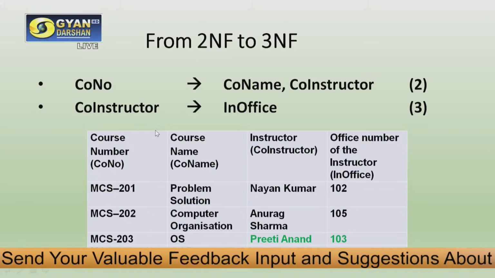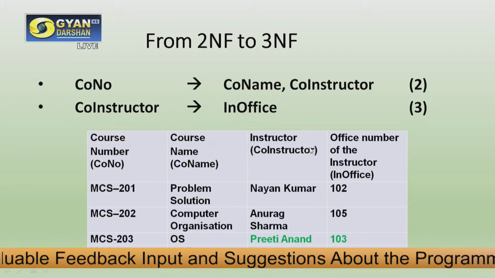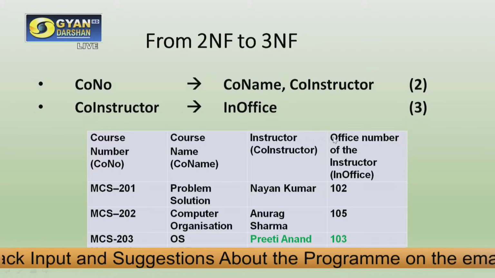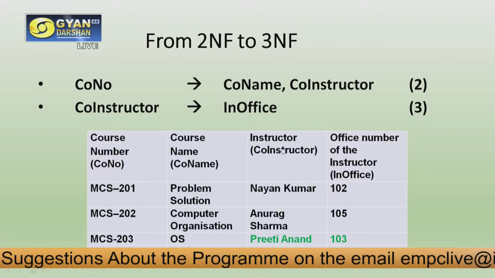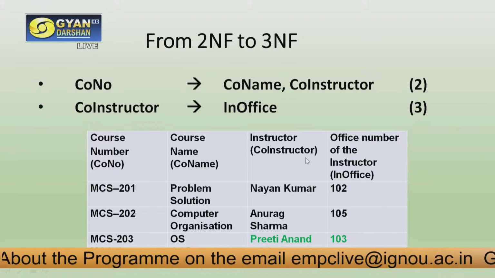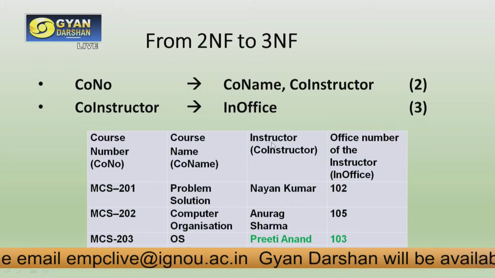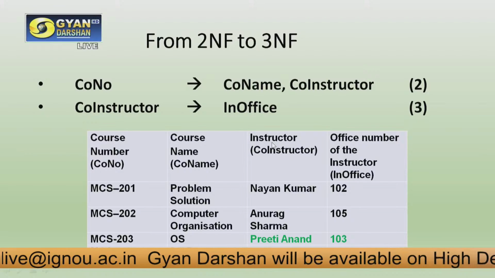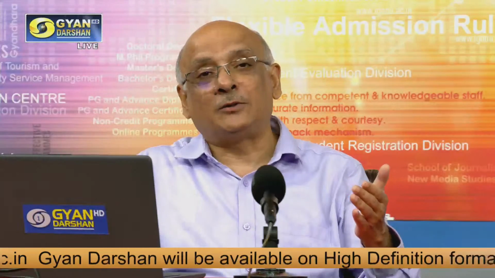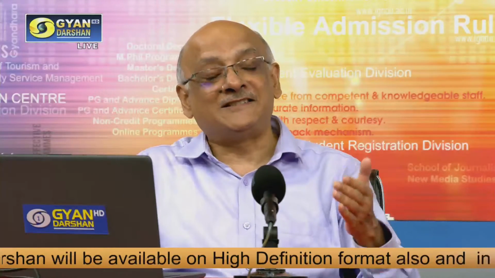So that means even though we have broken this particular table into 2NF, it is already in 2NF, yet this table has redundancy. And whenever the redundancy is there, because of redundancy, you encounter the update anomaly, the insertion anomaly, and the deletion anomaly. So that particular information is always there.